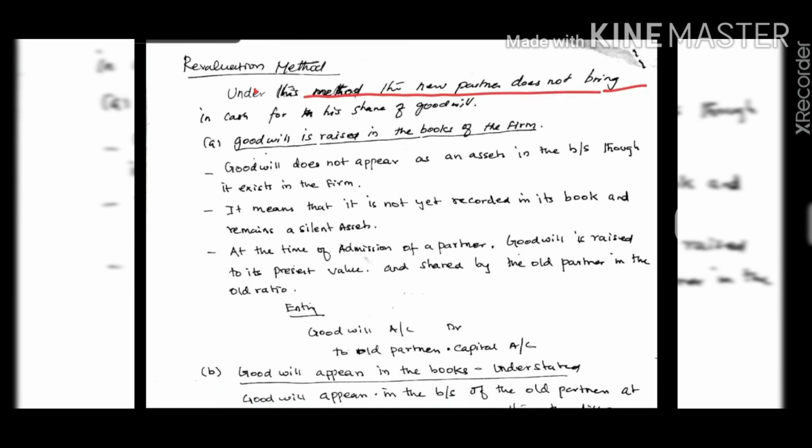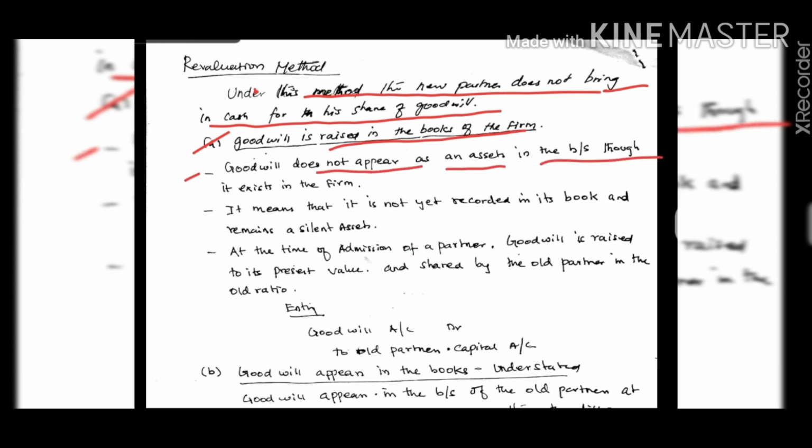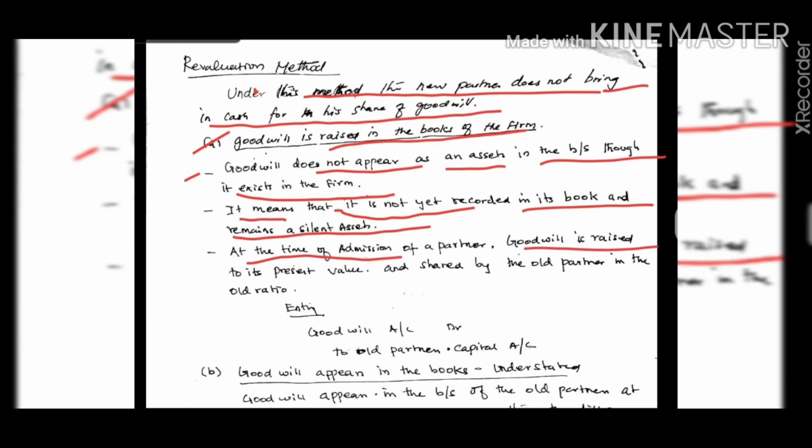Goodwill does not appear as an asset in the balance sheet, though it exists in the firm. It means that it is not yet recorded in the books and remains a silent asset. At the time of admission of partner, goodwill is raised to its present value and shared by the old partners in the old ratio. The entry will be goodwill account debit to old partners' capital account.